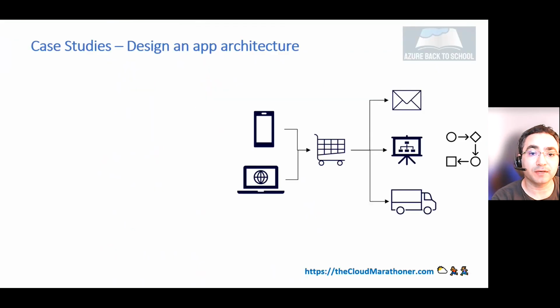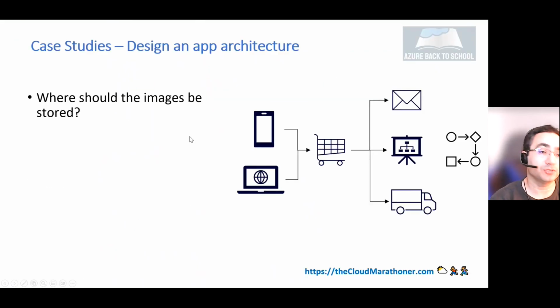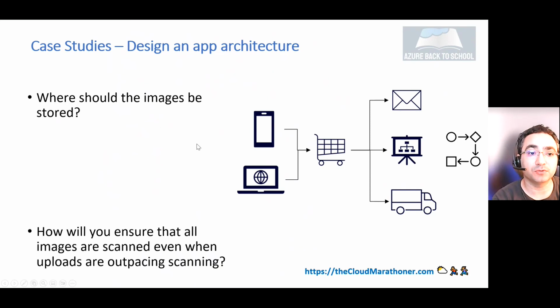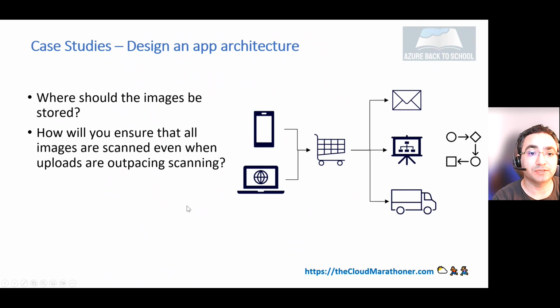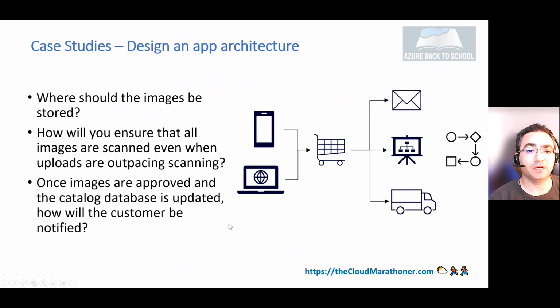So going back, based on this architecture and initial requirements, you need to have some self-discussion about where the images should be stored. Then another question is here, and there's a third question. But the idea behind this is to basically make this ideation: if you are an Azure architect and you are presented with this problem, with the condition of the company that's trying to solve it, what are going to be your solution points?